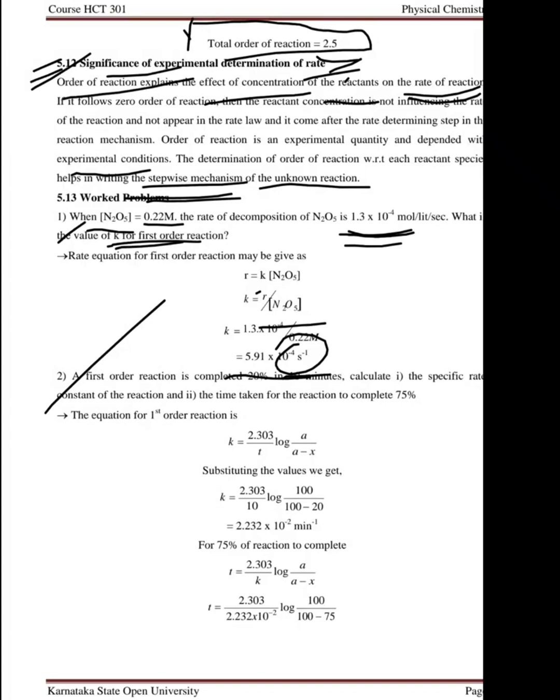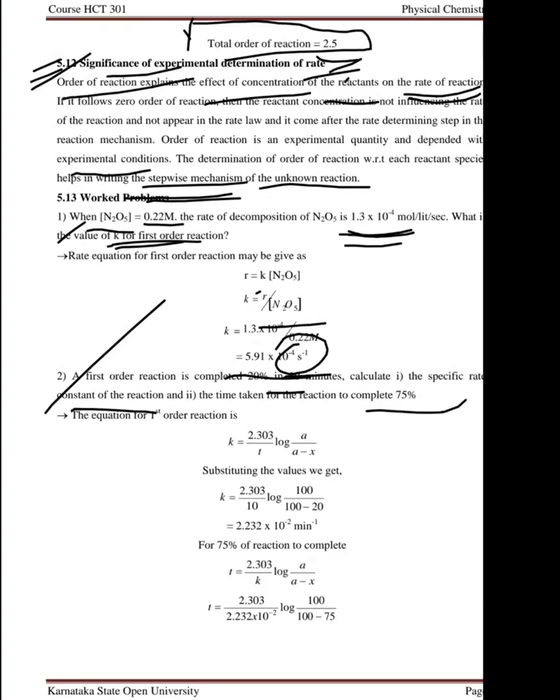In the second problem, a first order reaction is completed 20% in 10 minutes. You are going to identify the specific rate constant of the reaction, and the time taken for the completion of 75%.